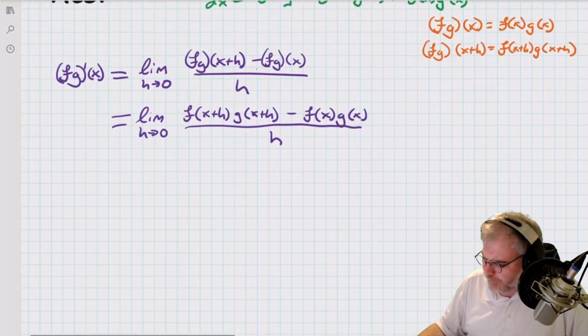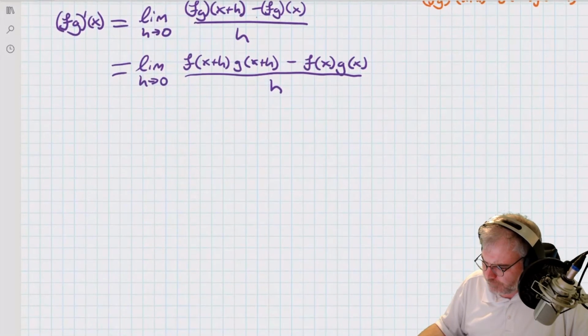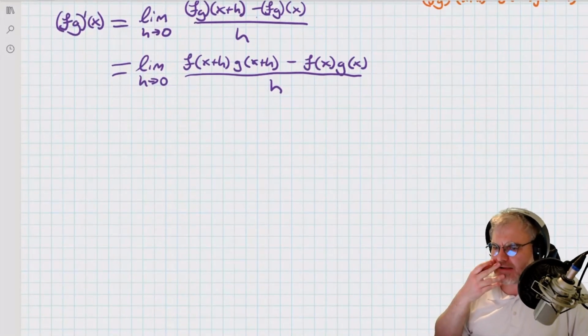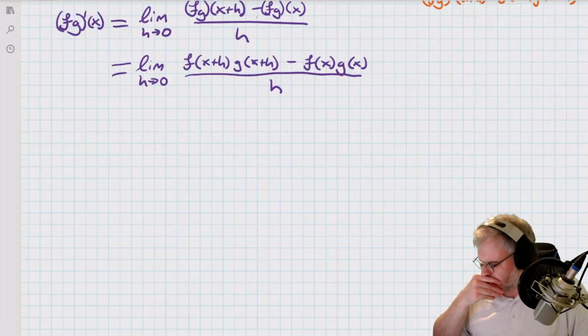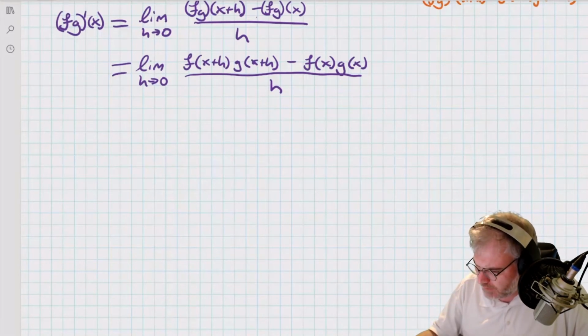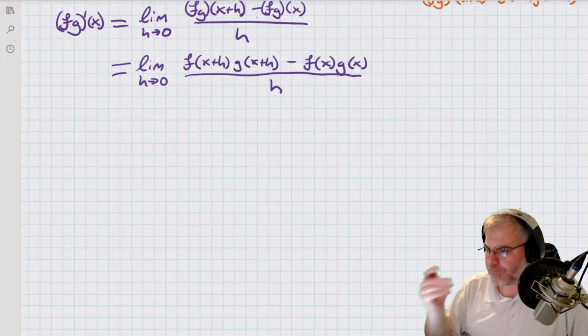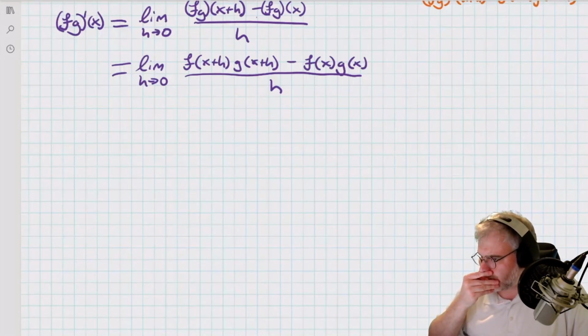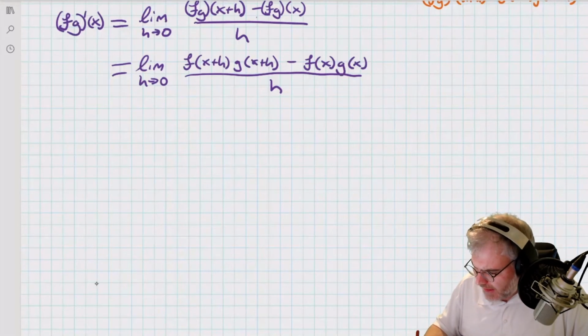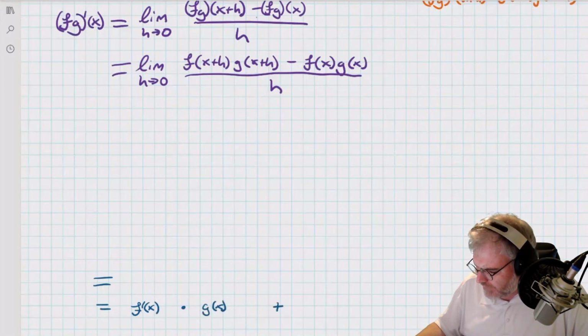Well, let's go to the end. How do we feel about these first steps, 1 to 5? Okay. Let's go down here to the end. I know what I want the end to be: f prime of x times g of x plus f of x times g prime of x.